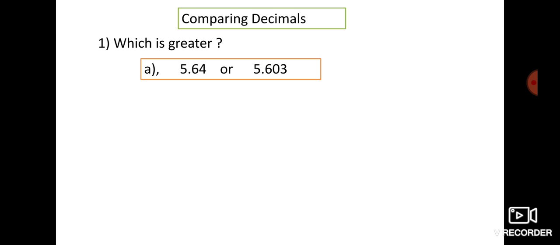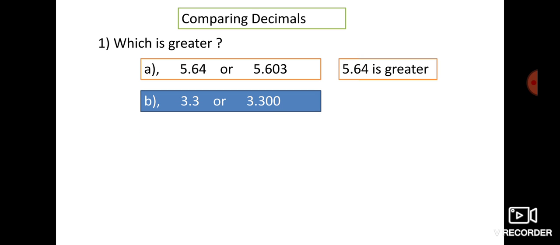Out of 4 and 0, 4 is greater. So we write 5.64 is greater. No need of checking the third digit. From the second digit, we got the answer. 5.64 is greater.